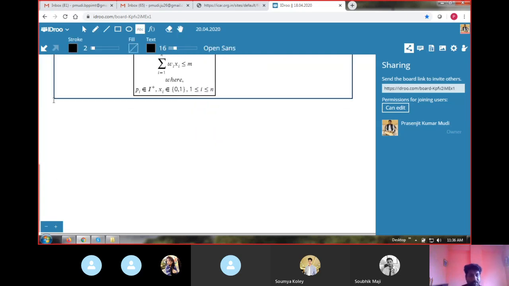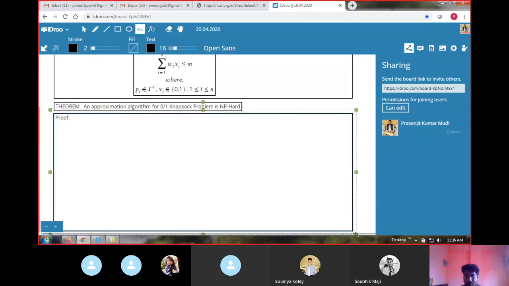And we have a theorem in this regard. The theorem is on the approximation algorithm for the 0/1 knapsack problem. It is straightforward, not so difficult to understand.